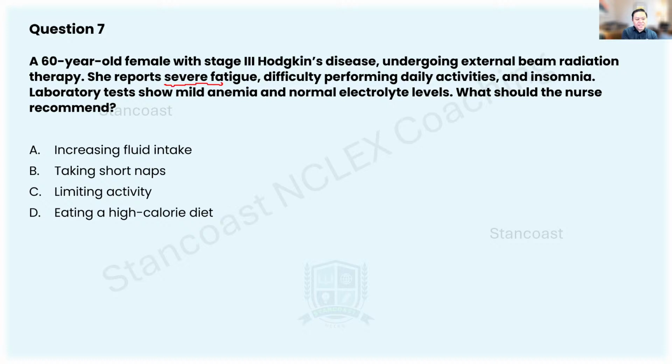Severe fatigue, difficulty performing daily activities, insomnia, and the patient has known mild anemia, normal electrolyte levels. What do you think you would recommend that can best help this patient?